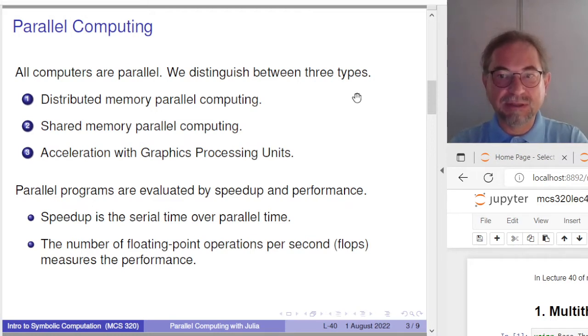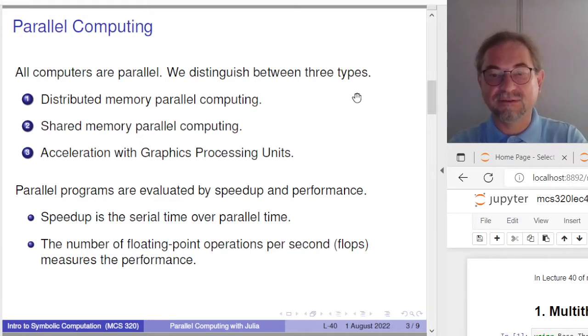Speedup is typically measured as the serial time over the parallel time, or you consider the time for two threads over four threads. Given that the time for four threads will be smaller than the time for two threads, which might not be the case, the speedup will always be larger than one. That's what we hope. So this is one measure to evaluate parallel programs.